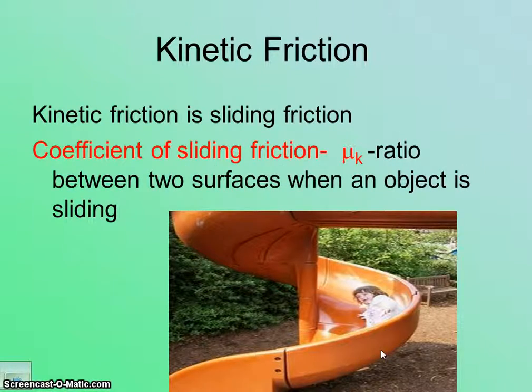All right, what about kinetic friction? It is sliding friction, and it's the ratio between two surfaces. Like we have a picture here of a little girl on a slide. That is the friction that you have between her and the slide. I don't know if you've ever done this when you were younger, but I remember as a kid that we used to have metal slides, and you could change the coefficient of sliding friction by sitting on wax paper when you went down the slide.